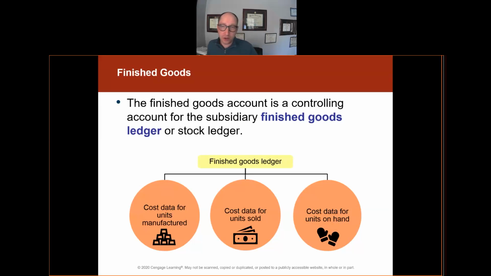Got it. Which leads us to our next topic, finished goods. Finished goods are the goods that are available for sale. That's our inventory that's available for sale. And the finished goods ledger tells us the total amount of finished goods based off of the cost for each unit that was manufactured.